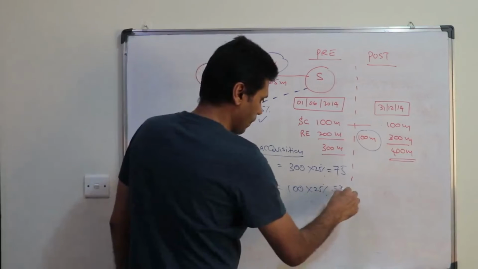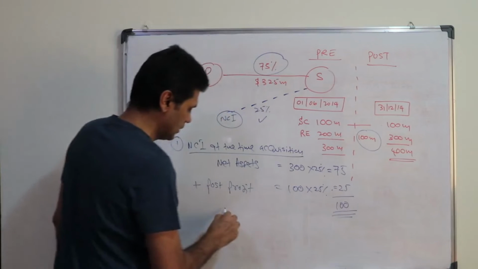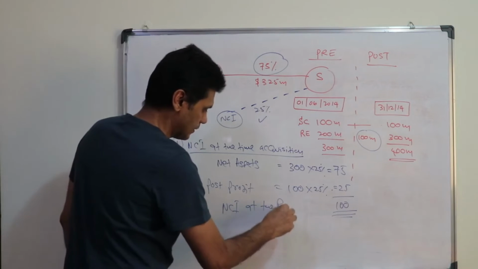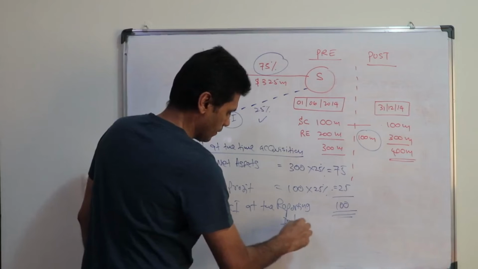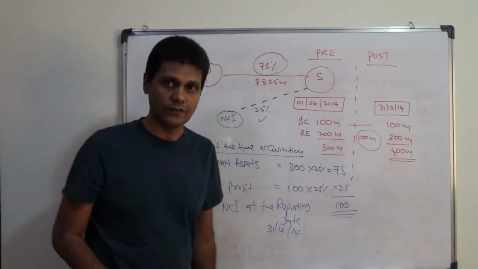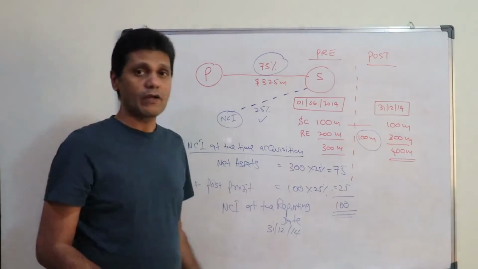So thereby it will be 25 million. So this is the non-controlling interest at the reporting date, which is 31st December 2014. Okay, so this is how you calculate. So this is the first method where you calculate the NCI.